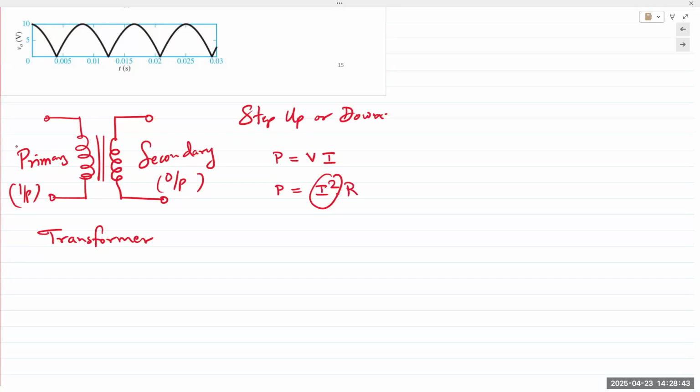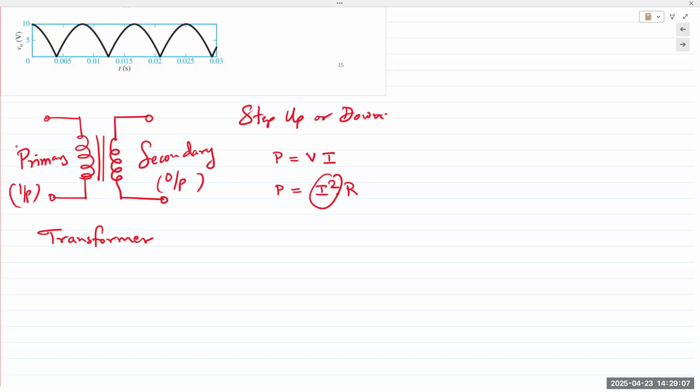So you need to increase the power before you transmit it. To increase the power, you only have two choices. You either increase the voltage or you increase the current. If you increase the current, your power losses increase by a factor of I squared. So the better choice is to increase the voltage rather than increasing the current.